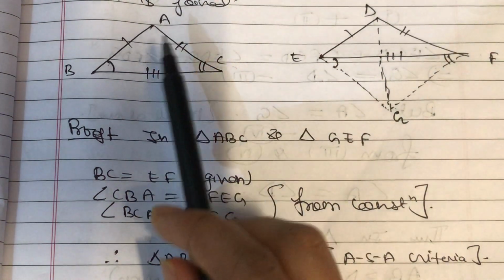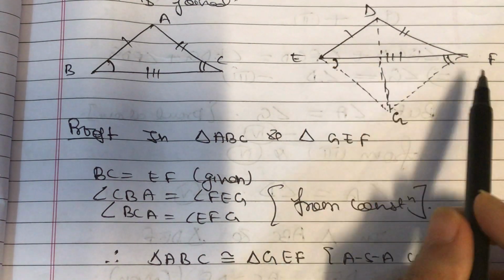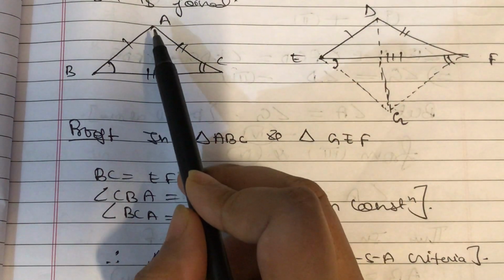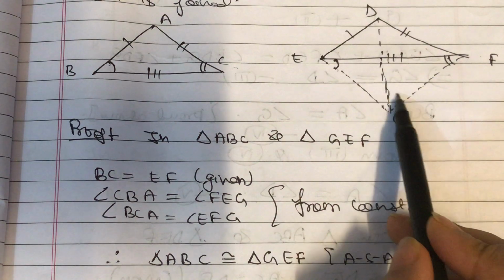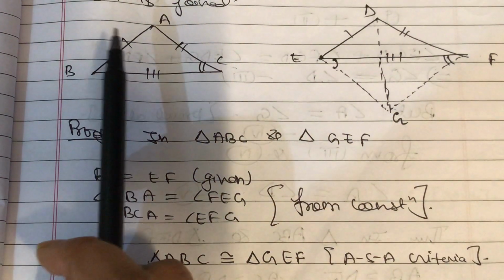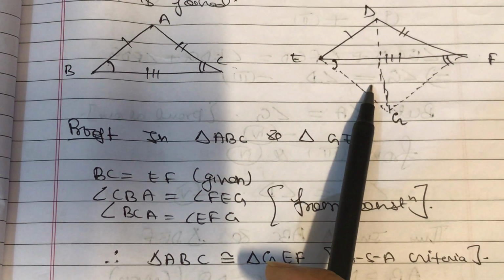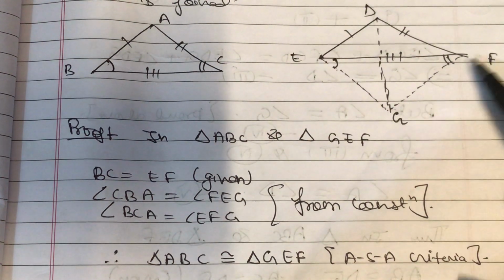I can say that triangle ABC is congruent to triangle GEF, right? Now I can say that this angle is equal to this angle, right? Also AB is equal to GE and AC is equal to GF.